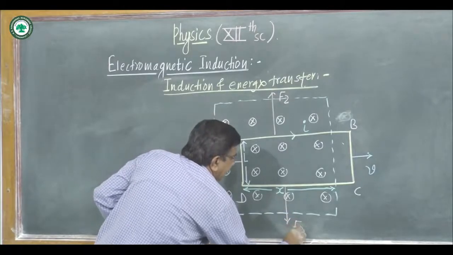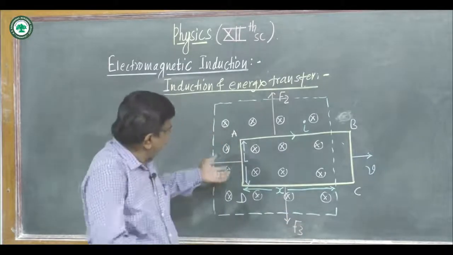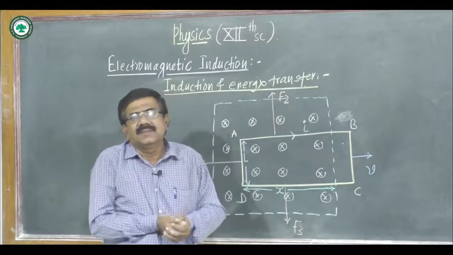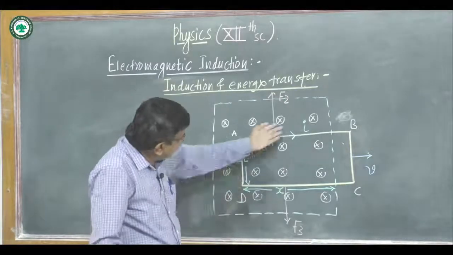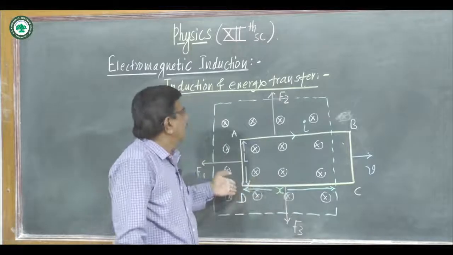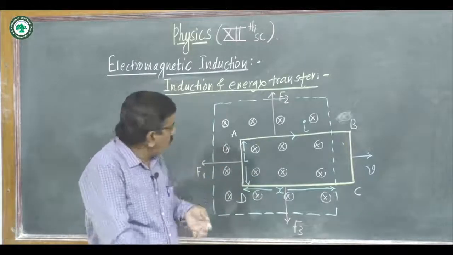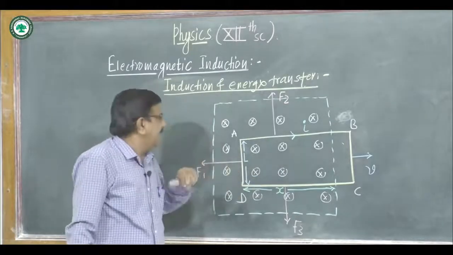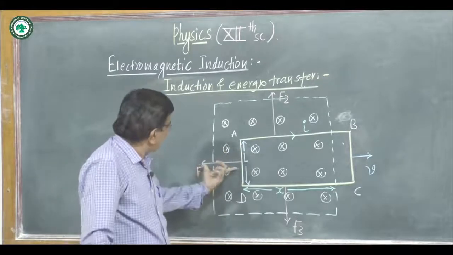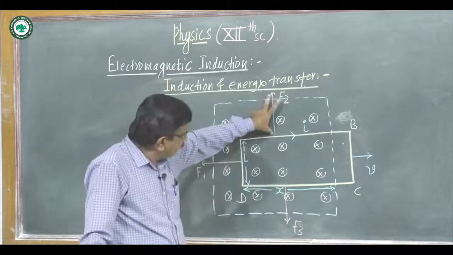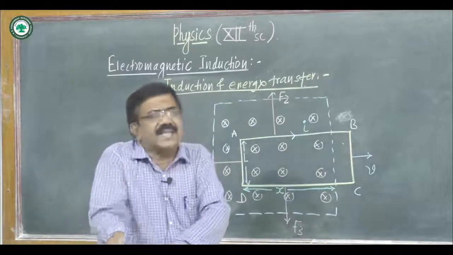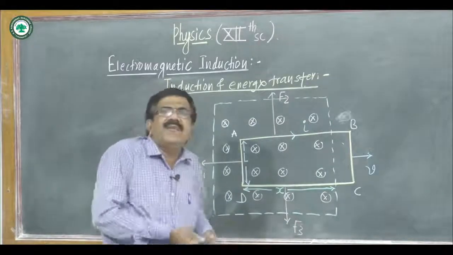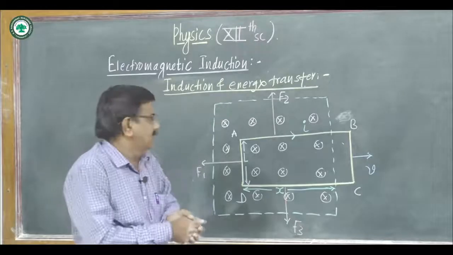As the loop is moved in a magnetic field, EMF is induced, or current is induced, that current flows in clockwise sense, and hence forces are there on these sides. Suppose these forces are F1, F2, F3. The directions of these forces are given by Fleming's left hand rule.